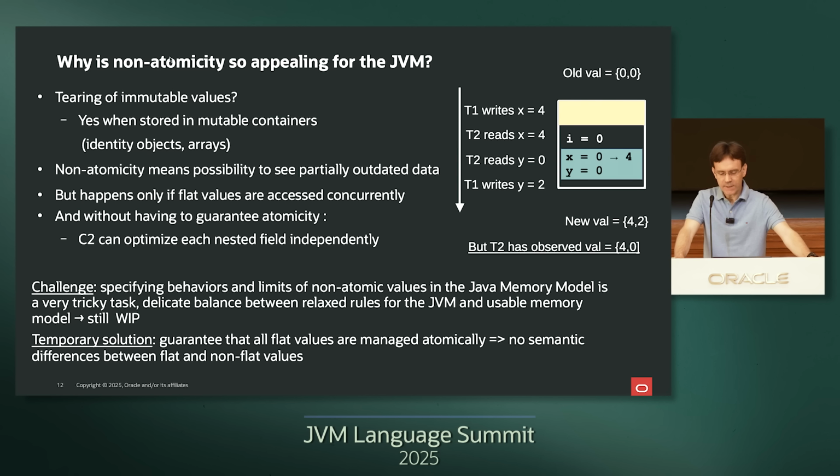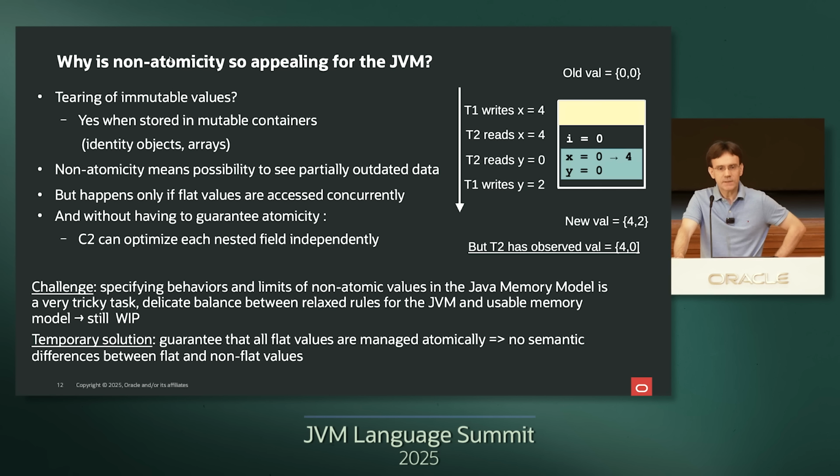And you have an example on the right here. You have an object with a flat value made of two fields, x and y. The original value is 0, 0. A thread T1 starts to update this flat value, but doesn't do it atomically. It starts by writing the x field, changing the value from 0 to 4. Then another thread running concurrently, thread T2, reads this flat value.